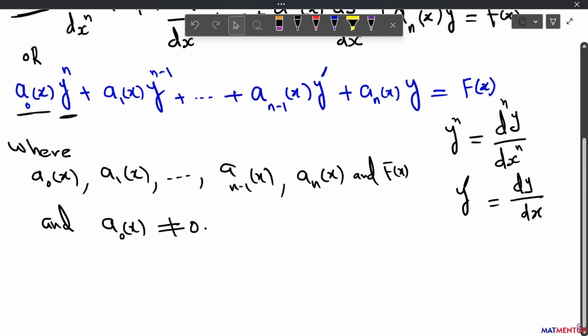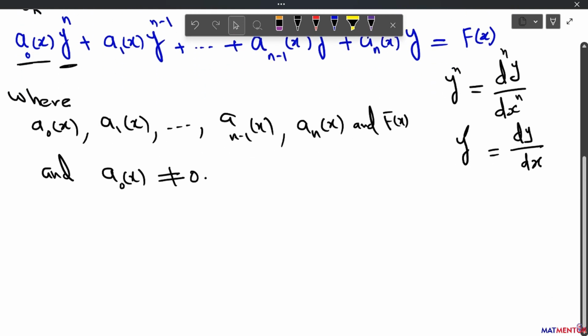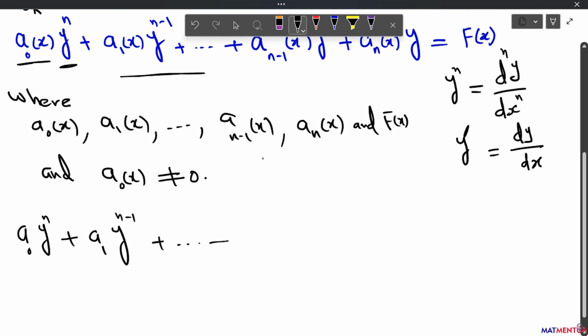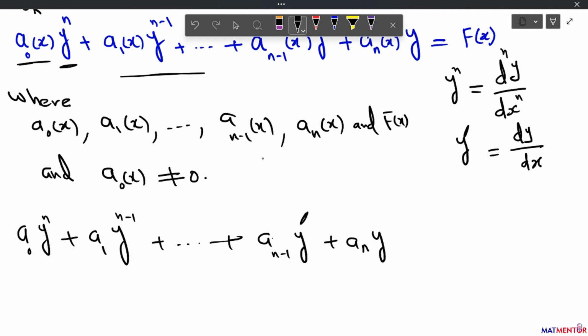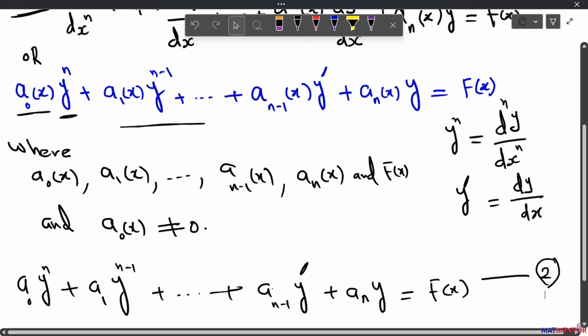Now let me write another equation. a0 y^(n) plus a1 y^(n-1) plus and so on, a_(n-1) y prime plus a_n y is equal to f of x. Can you find the difference between equation number 2 and equation number 1? This is my equation number 1.